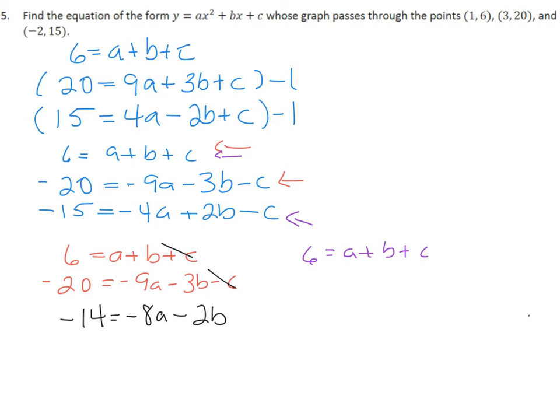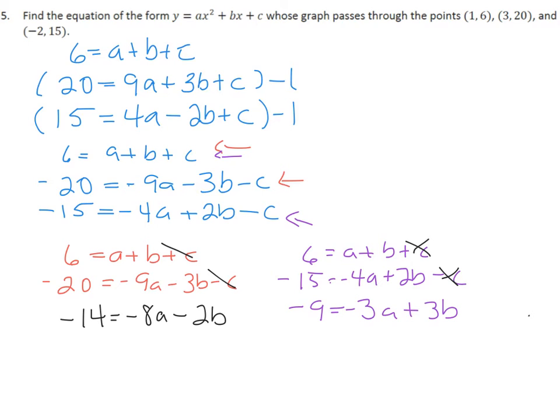And I'm going to add my third equation, which we already put the negative 1 through, so now it's going to be a minus 15 is equal to minus 4a plus 2b minus c. So again, notice that the c's will cancel. And when I'm adding here, 6 plus a minus 15 will give me a minus 9 is equal to minus 3a plus 3b.